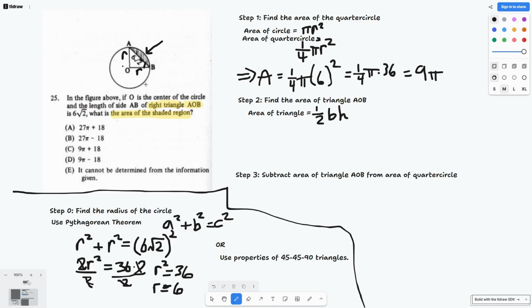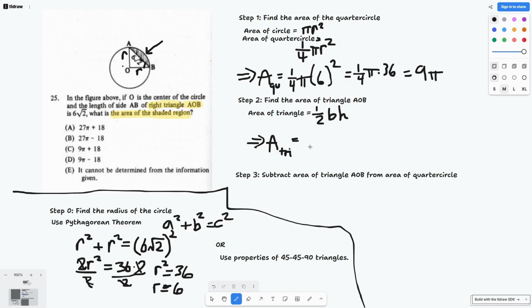In our case, the base and height are both r, which means that I'll use TRI to represent triangle, to not confuse it with QU, which represents quarter circle.